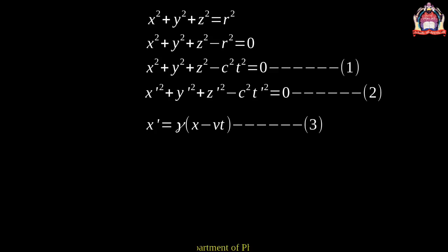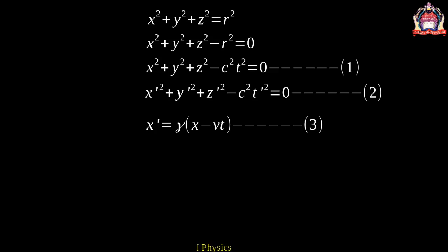Since the motion is relative, we assume that S is moving relative to S dash with a velocity v along the positive x direction. So for the frame of reference S, x is equal to gamma times x dash plus vt dash.